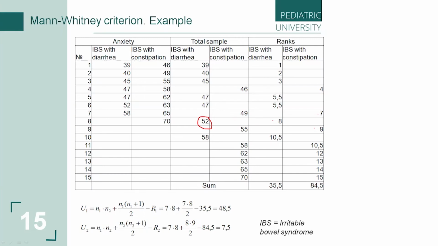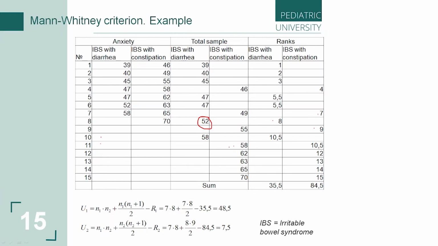Next, rank 9. After that, we again have the same values, 58 and 58, with ordinal numbers 10 and 11.